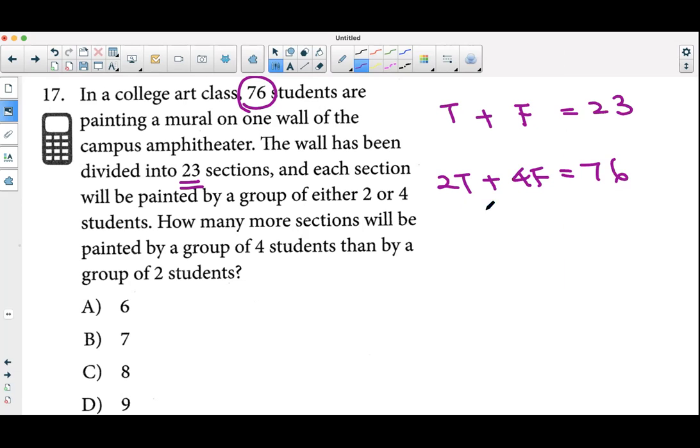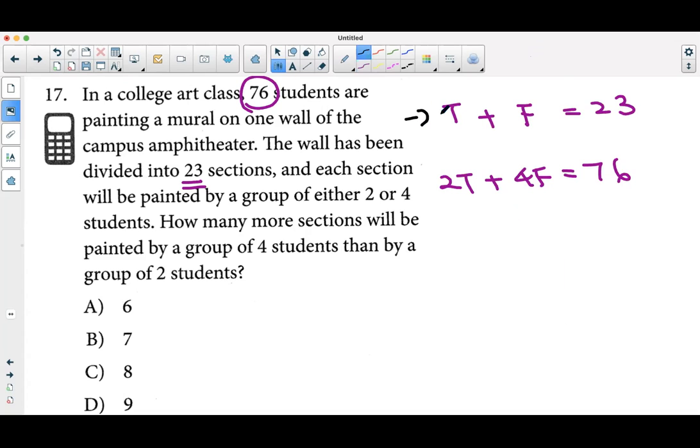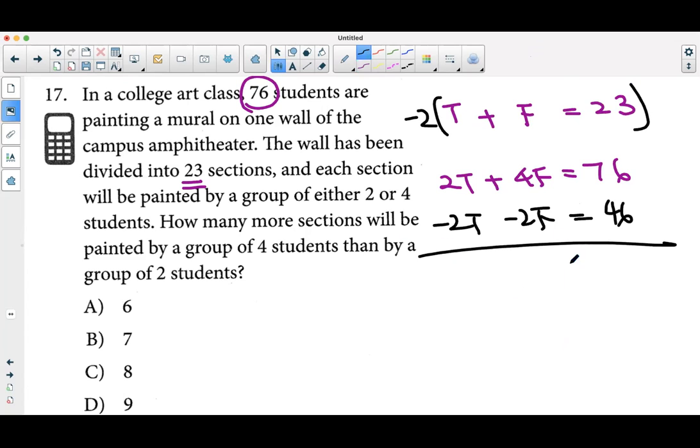All right, let's look at it, guys. For the first one, how am I going to do this by hand? I can multiply this one by -2. Then I get -2t, -2f is equal to -46. And when I combine them together, we get 2f equals 30.